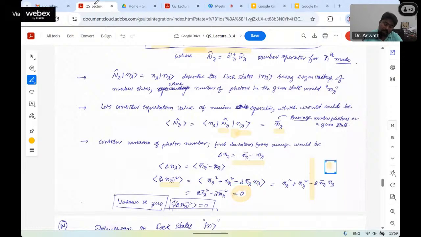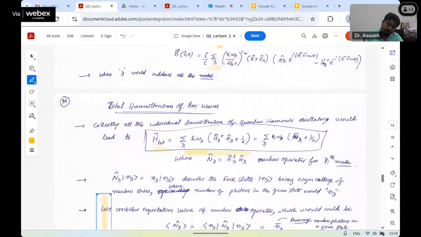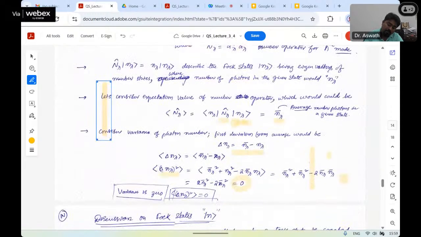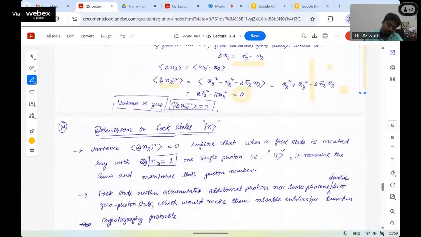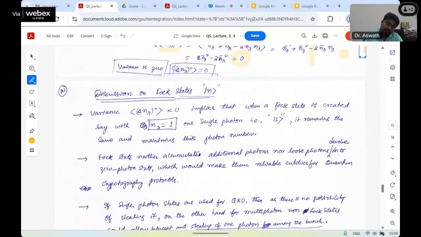What it conveys is, if I put the quantum system of electromagnetic waves in a particular state |n⟩, there is a very good chance that it would keep intact the number of photons it can have. So let's go to that final slide for today. If I prepare a quantum state of an electromagnetic wave with a particular mode staying with one photon, it stays there until it is disturbed.